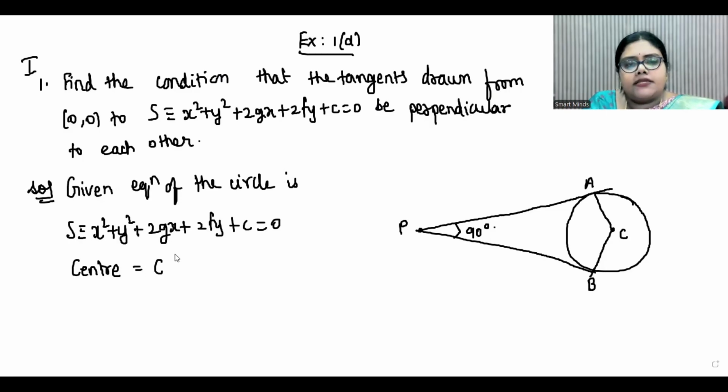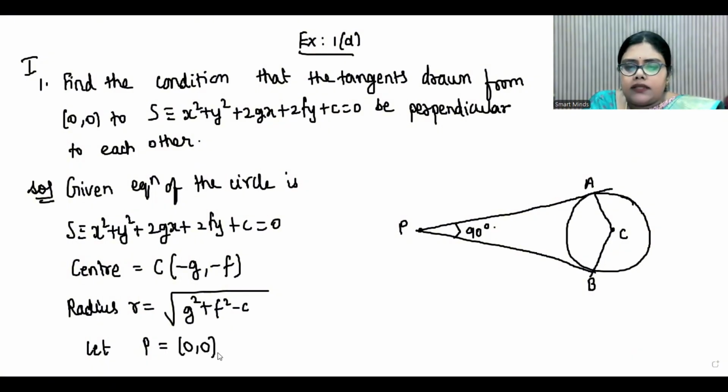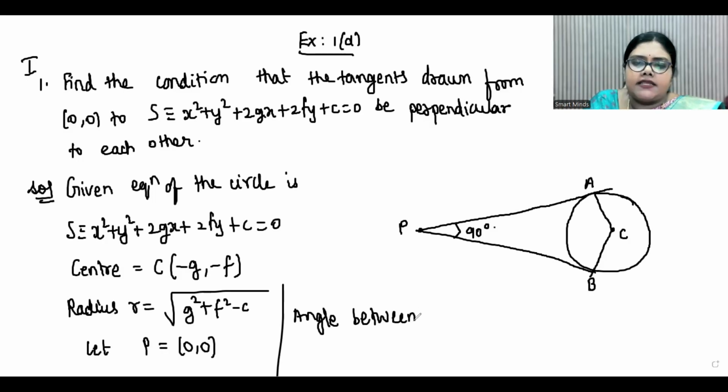So center is C (minus g, minus f), and radius is root over g square plus f square minus c. Now let us say point P is (0, 0). This is the point given in the question. And also what is given to us? Angle between tangents is 90 degrees.